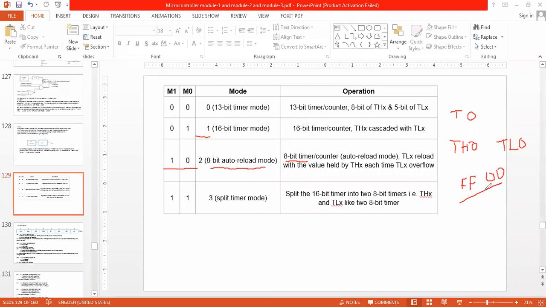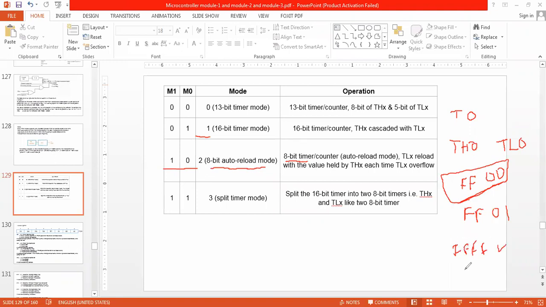So this is one complete data. Now, if I increase this, what will be the next value? F01. If I increase it again, and keep increasing it, we reach the maximum number FFFF.